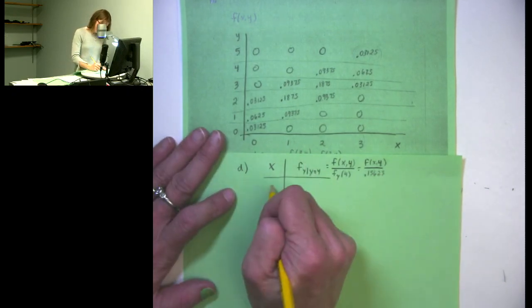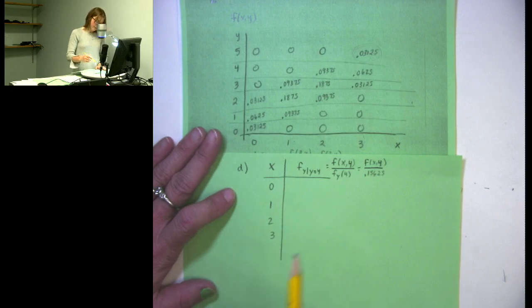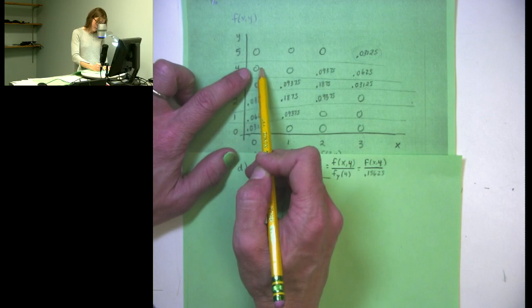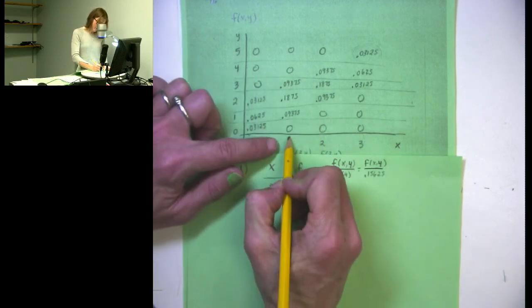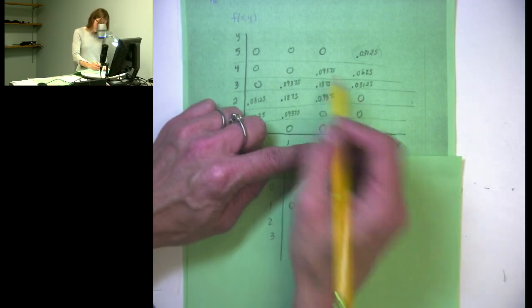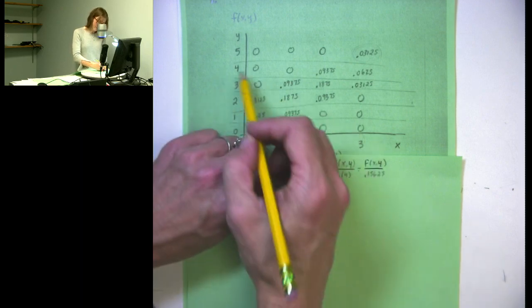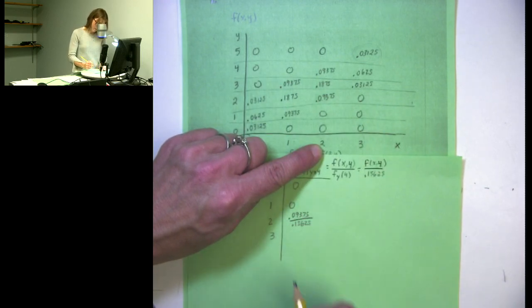Okay, so values of x can take on 0, 1, 2, 3. When y is equal to 4, the probability of 0, 4 is 0. The probability of 1, 4 is 0. The probability of 2, 4 is 0.09375. I have to divide that by the probability that y is equal to 4, 0.15625.